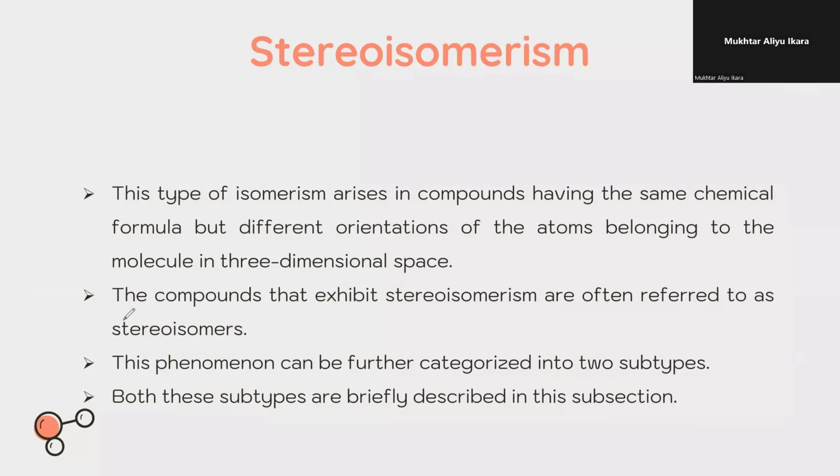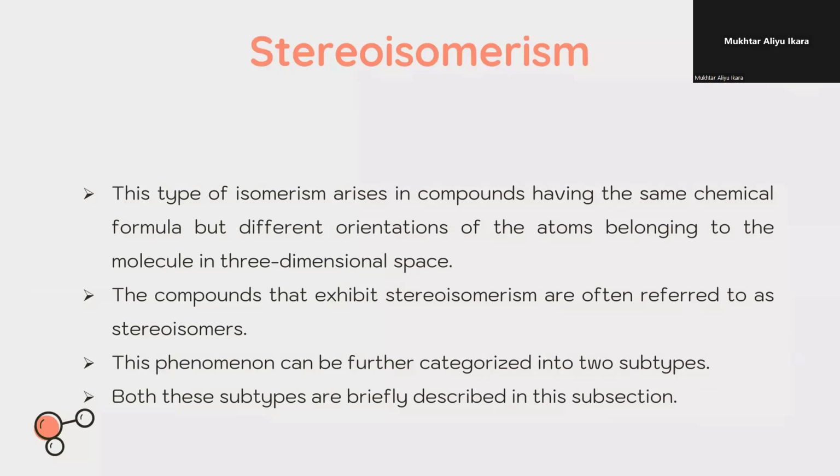This type of isomerism arises in compounds having the same chemical formula but different orientation of the atoms belonging to the molecule in 3-dimensional space. They have the same chemical formula but different orientation of the atoms. The compounds that exhibit stereoisomerism are referred to as stereoisomers.